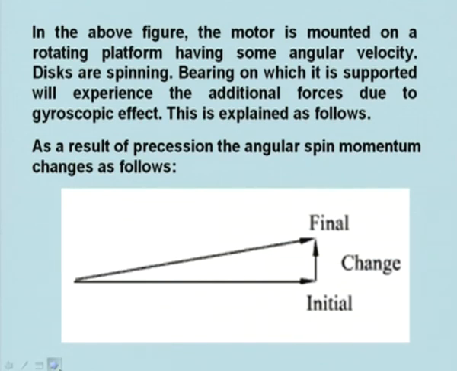The disc is spinning, and the bearing on which it is supported will experience additional forces due to gyroscopic effect. This is explained as follows. As a result of precession, the angular spin momentum changes as follows. Initially, the situation is like this. You give a small change, the final velocity is this.